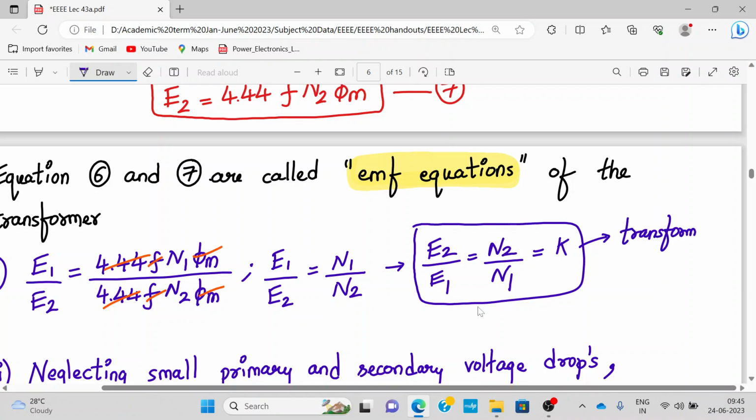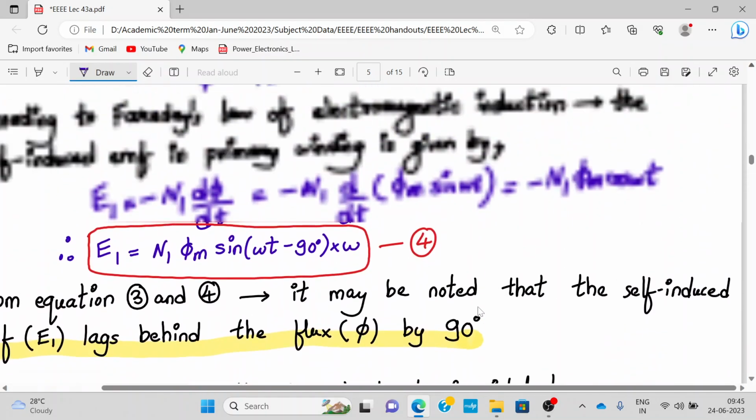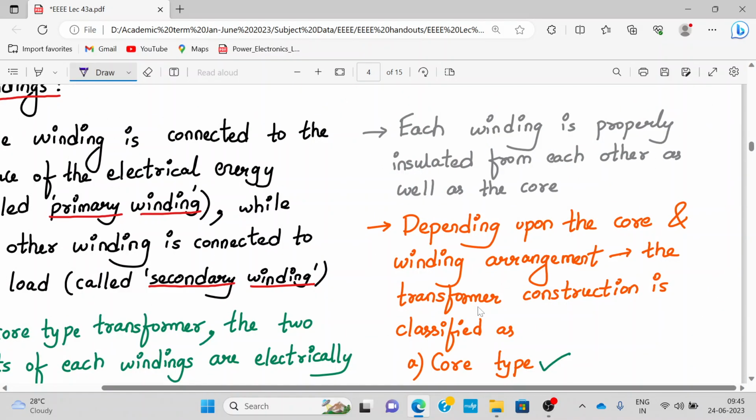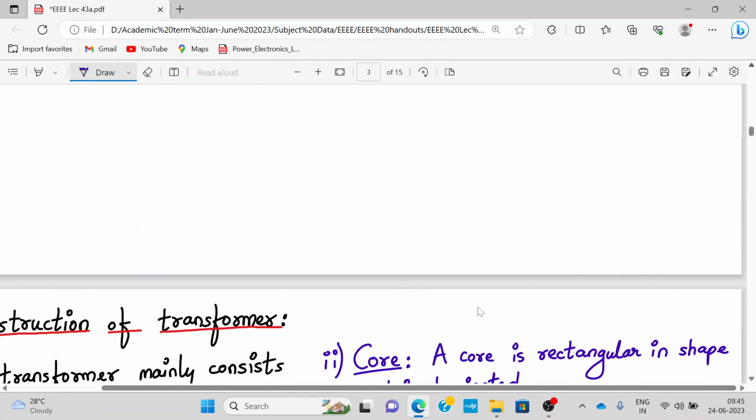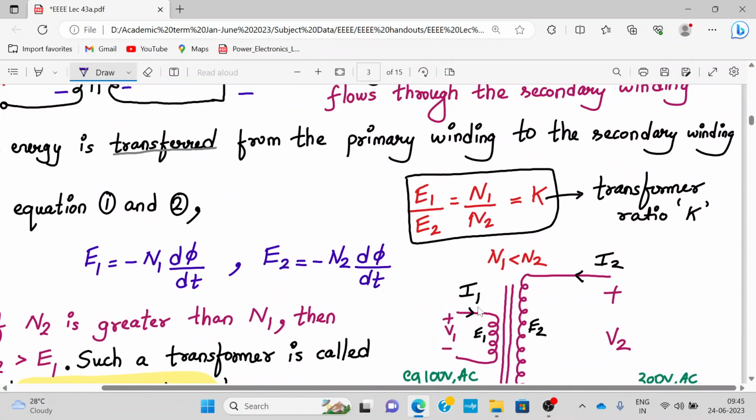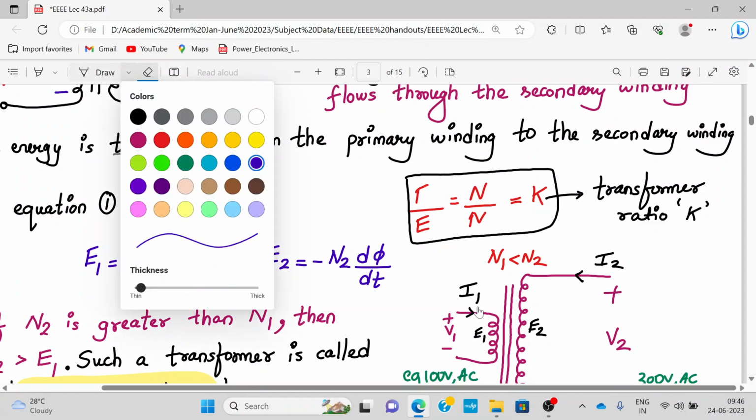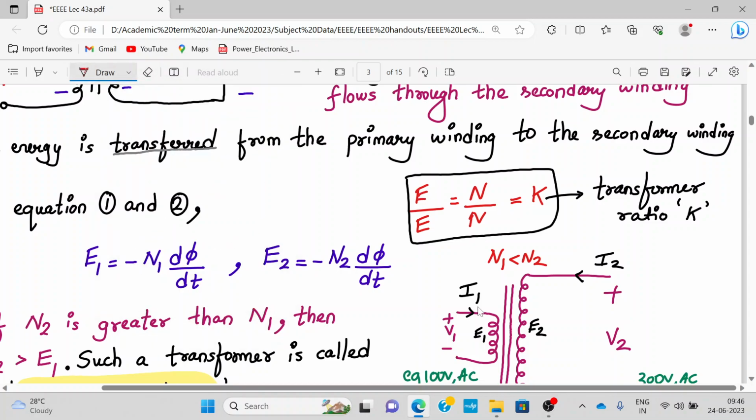It is denoted by K. Earlier I guess we wrote it differently, so let me correct that. This will be E2 upon E1, N2 upon N1 is K. Just a minor correction.